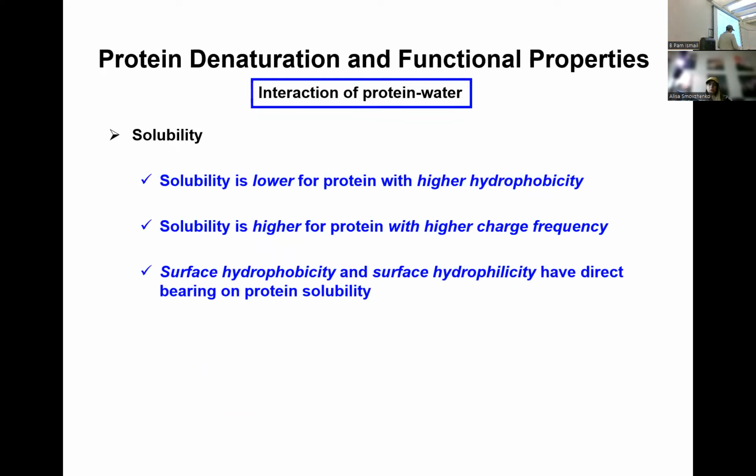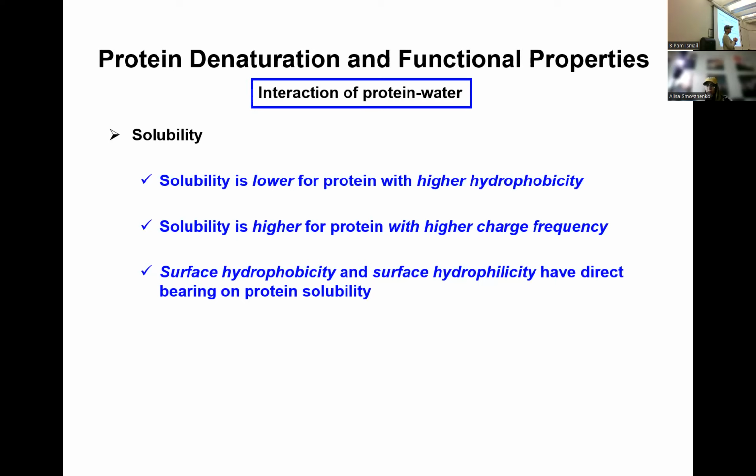So when proteins have an overall higher percentage of hydrophobicity, over 30% hydrophobic, then the protein is less soluble than other proteins that have less hydrophobicity. That's why plant proteins in general are less soluble than animal proteins, because they have a high percentage of hydrophobicity.